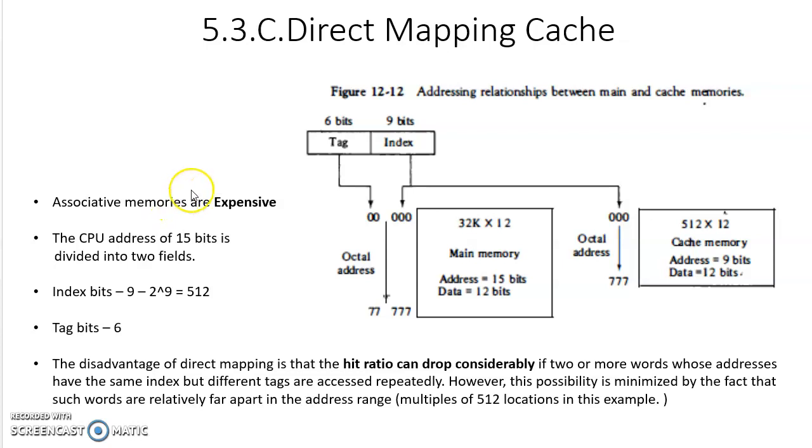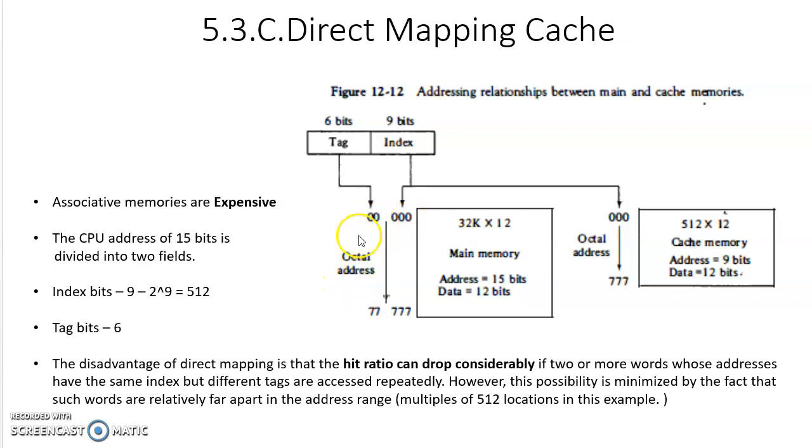Scientists did some investigation on how to do this and found a way. If you observe, this is main memory 32K by 12 and this is 512 by 12. Here the number of address bits required are 15, and here the number of address bits required are 9, and they are represented in octal form.